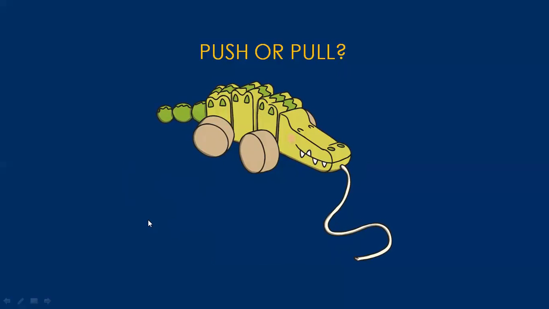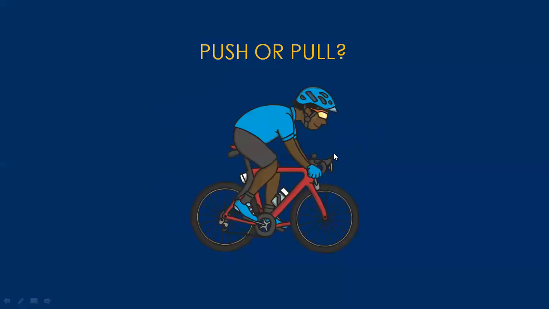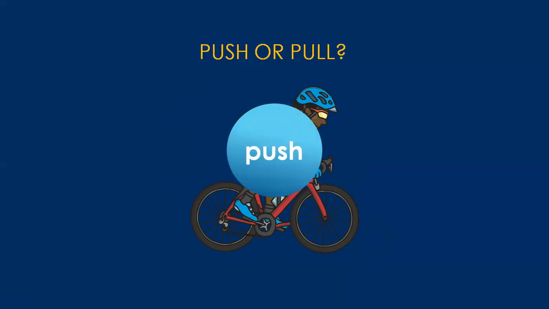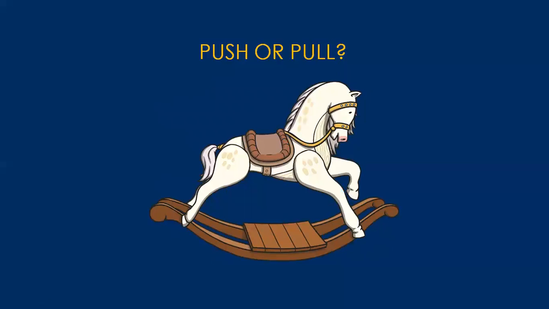Here, in this type of toys, which force do we use? We pull from the thread, so it is pulling force. When we ride a bicycle, which force do we use? We use push force. We push the pedal and it makes the bike move. So here we use push and pull.